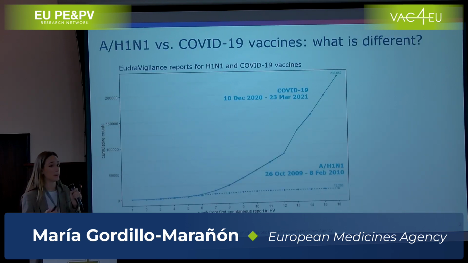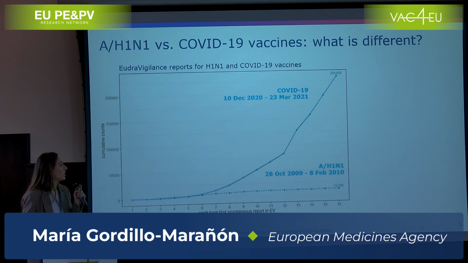Indeed, this prediction was confirmed because within 3 months of the deployment of the COVID-19 vaccines, the number of adverse reactions reported to EudraVigilance was 20 times higher than those for the H1N1 vaccines within the same time frame. And as you can see in the graph, whereas the H1N1 pandemic vaccines reached a plateau after a few months, the reporting levels for COVID-19 vaccines continue to grow steadily.